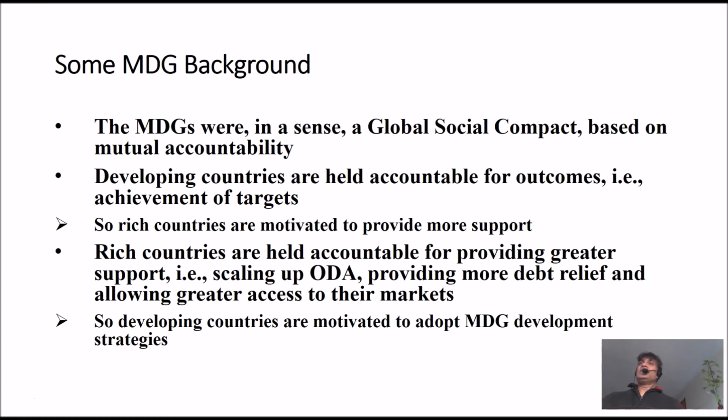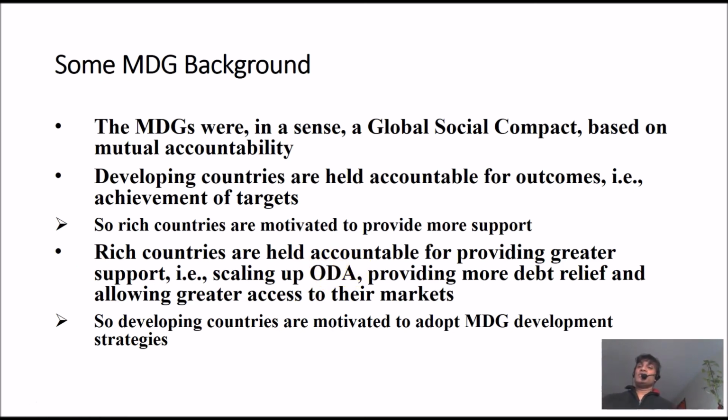So the accountability is that the people receiving the money, the developing countries, the poor countries, are accountable for striving to achieve these outcomes, to reduce poverty levels, to reduce child mortality levels, whereas the rich countries, the ones who are giving the money, are accountable for providing the means of support, of donating money, of upping their charitable giving.